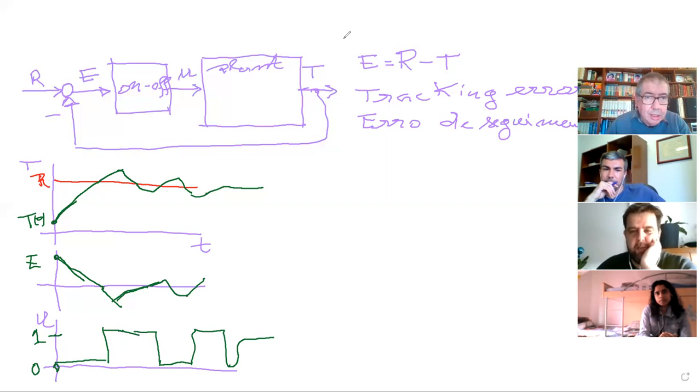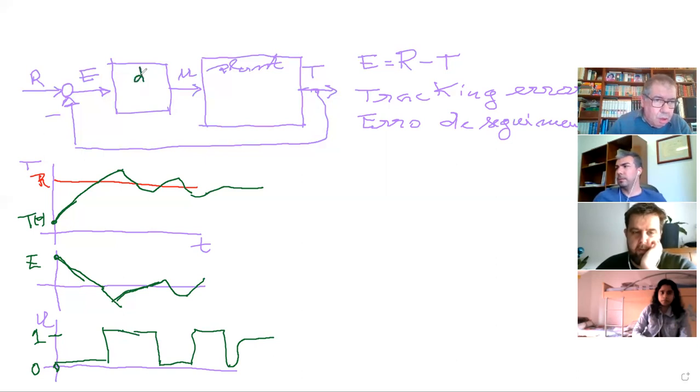You suggest that instead of having here on-off, I put here a derivative. So this should be a differentiator. Okay? That's your theory. So you would be dE/dt.